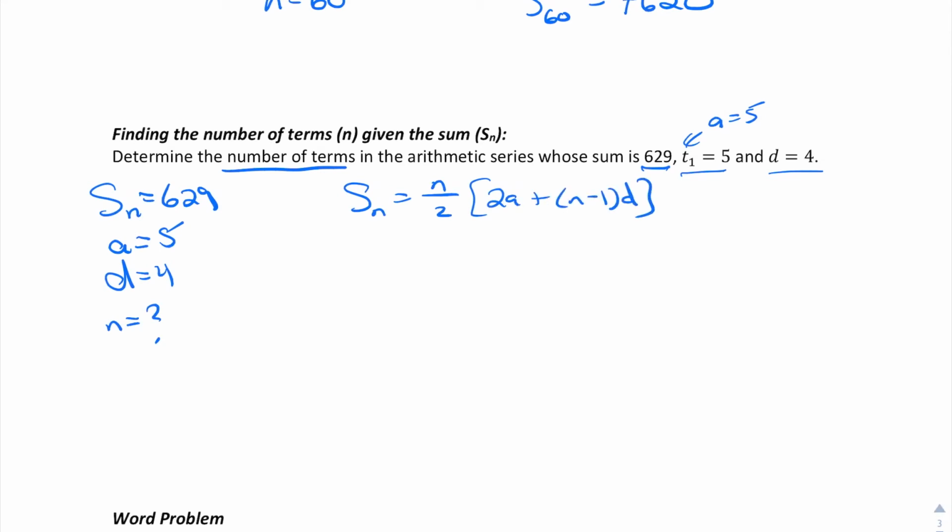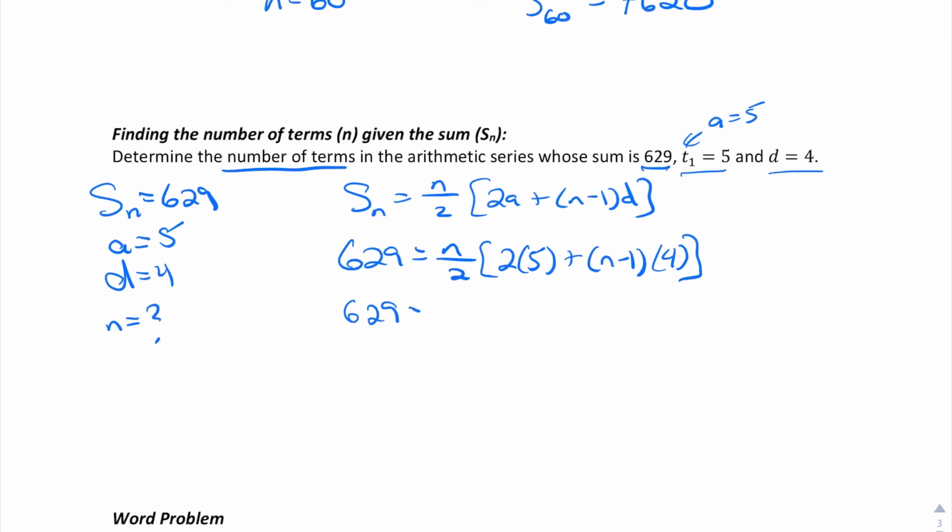So if we take our formula, I'll just write it out because we're going to solve for n. So now we can sub in everything we've got, leaving n as n. So we've got one unknown, and that's just n.